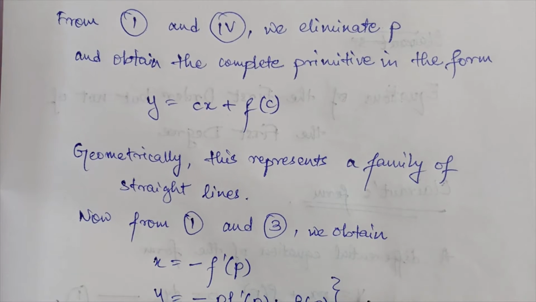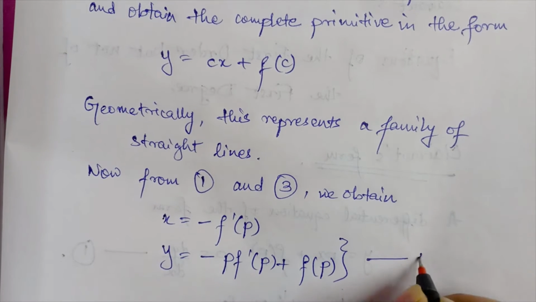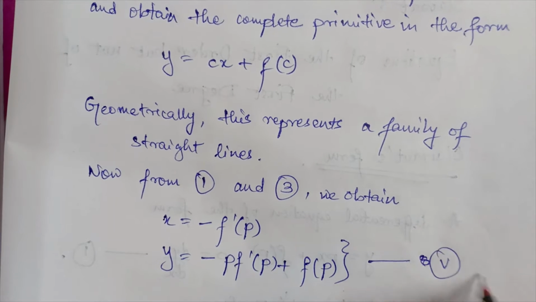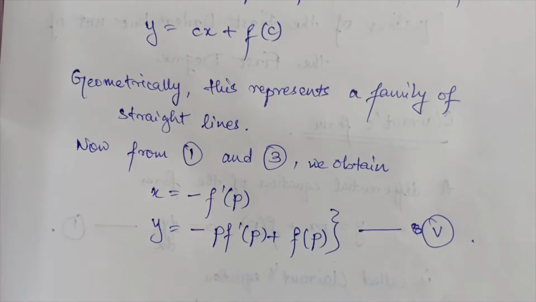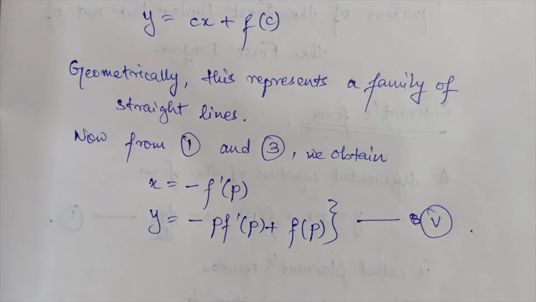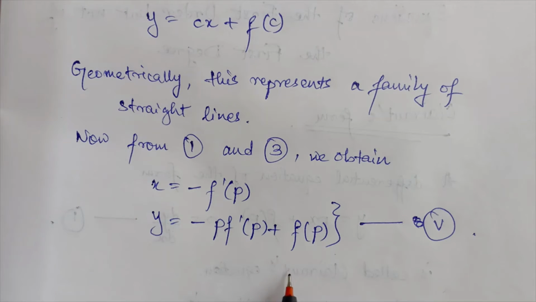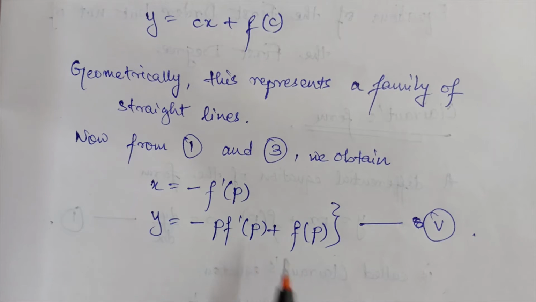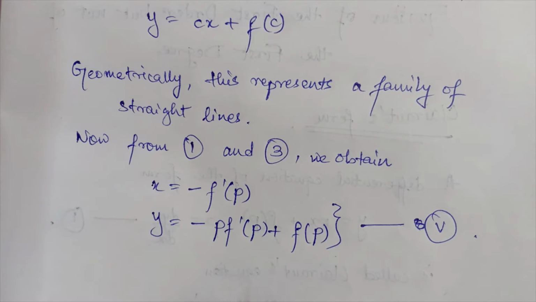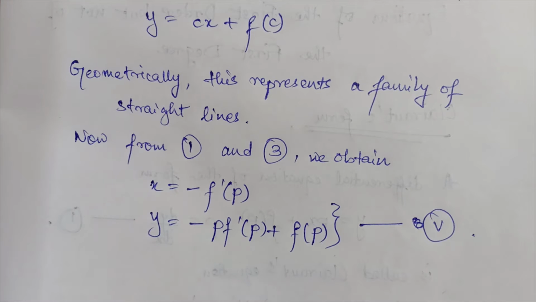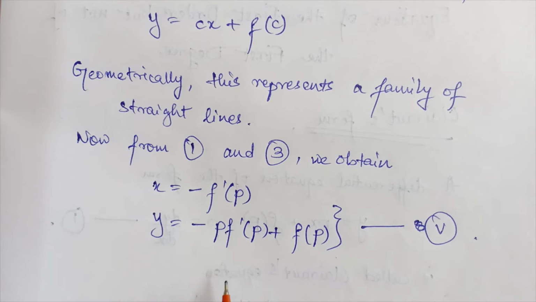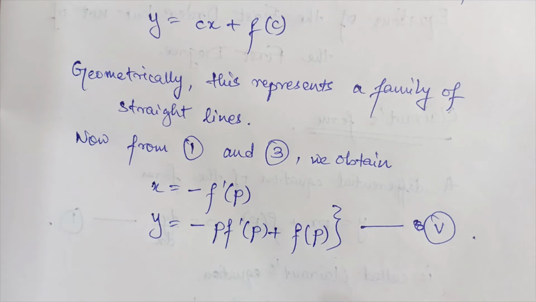This we name as equation 5. We see at once that it contains no arbitrary constant and therefore this is not a general solution. But this is obviously a solution of the given equation. So in fact, the solution we get now is the singular solution of equation number 1.